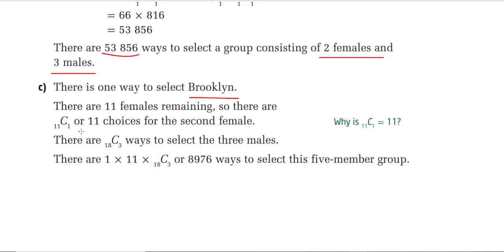This way we can choose the second female. So why is it C 1 of 11? This is 11. It's very easy to check. C 1 11, sorry.